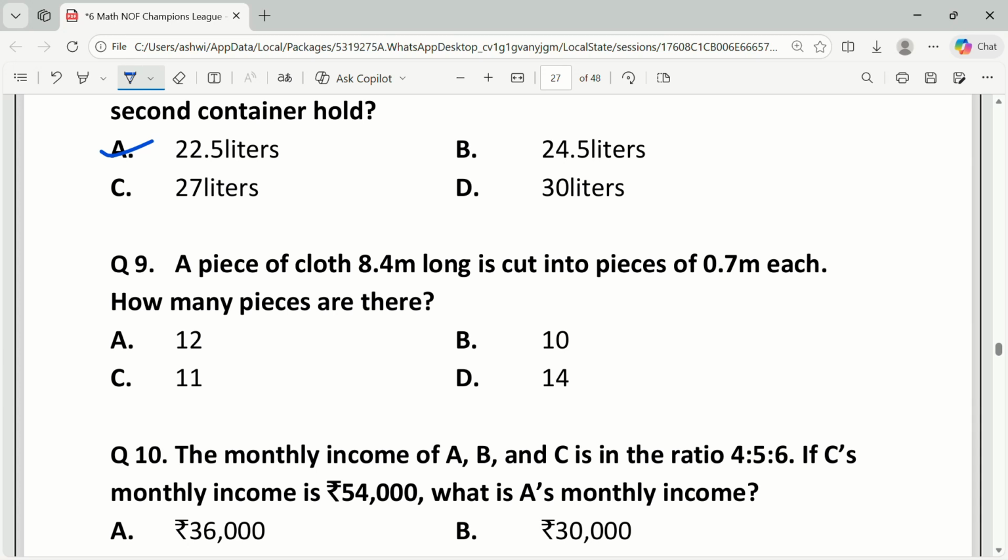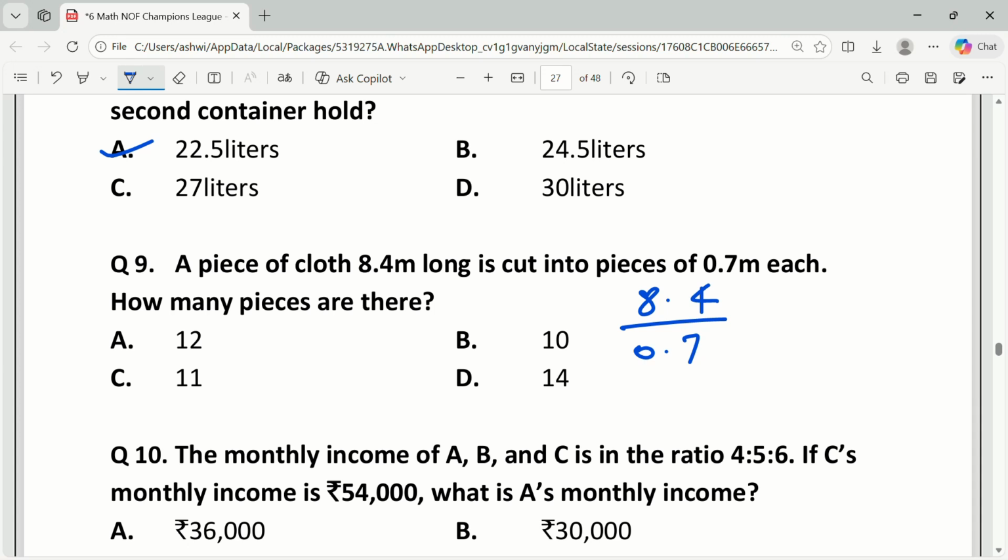Question number 9. A piece of cloth 8.4 meters long is cut into pieces of 0.7 meters each. How many pieces are there? To find the number of pieces, divide the total length of the cloth by the length of each piece. That is 8.4 upon 0.7.